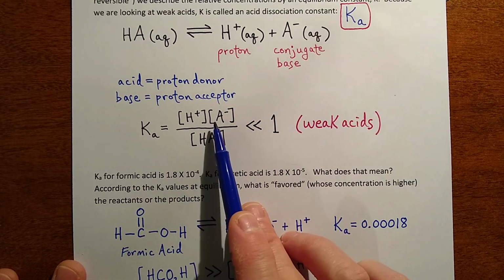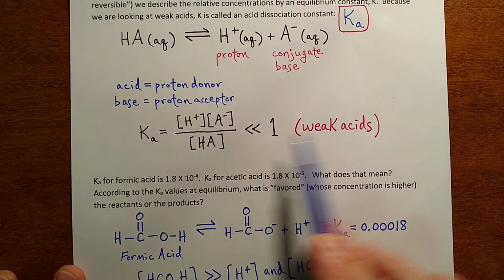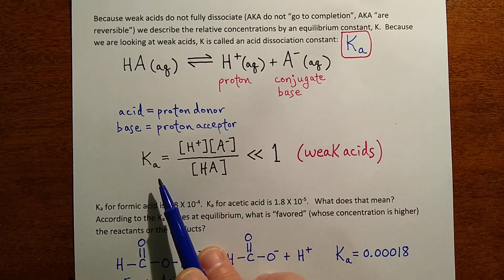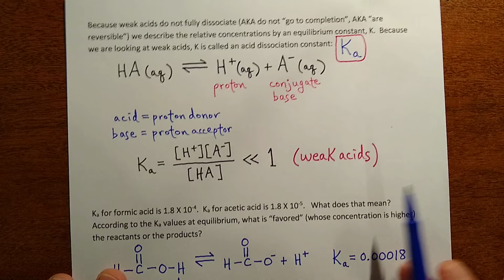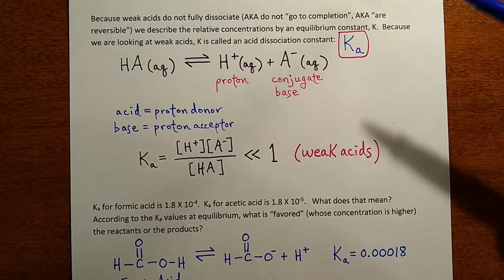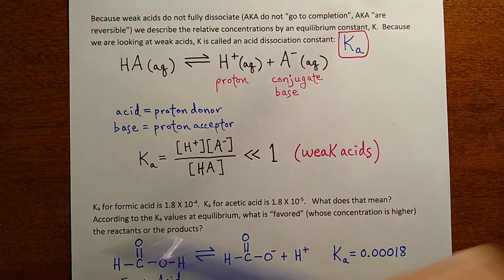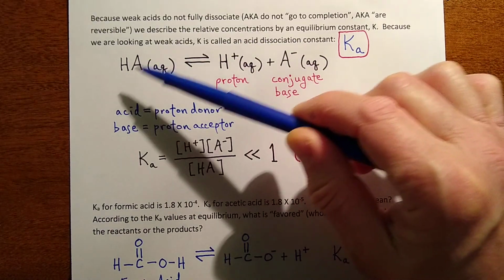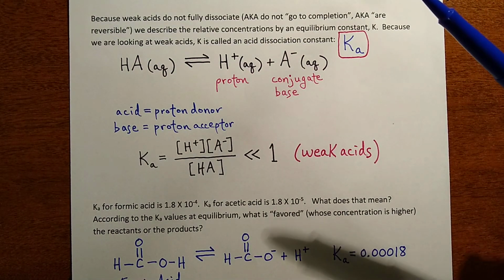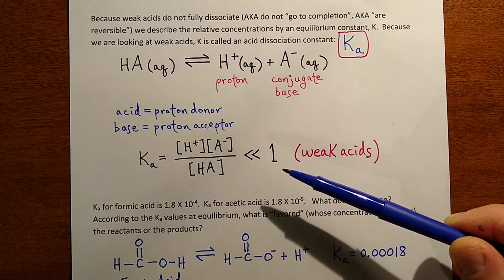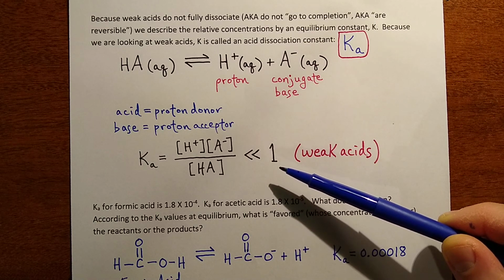It's a product. It's multiplication. And so the size of K being small should make some sense to you at this point, because a weak acid is a weak acid because very few of these molecules break apart, so it makes sense that the value of Ka is very small, much less than 1.